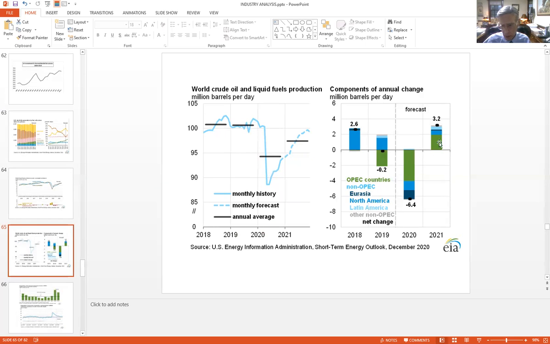For the purposes of this discussion, what's most important is that you can see this drop at the end of 2019 and 2020. The drop has really been something spectacular. And by the way, you can see that this information is from the US Department of Energy, the Energy Information Administration, and this information is very reliable.